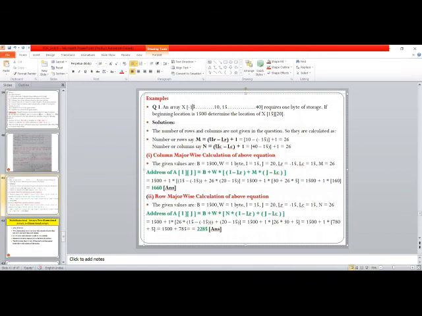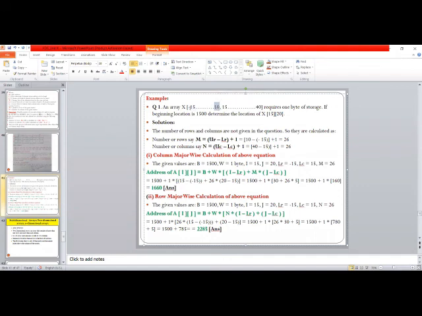Here the number of rows and number of columns have not been given directly. Now you have to work on this and find out the number of rows and number of columns in your matrix by using this formula. Now the row subscript is minus 15 here, that is your starting row index, and it is going up to 10.